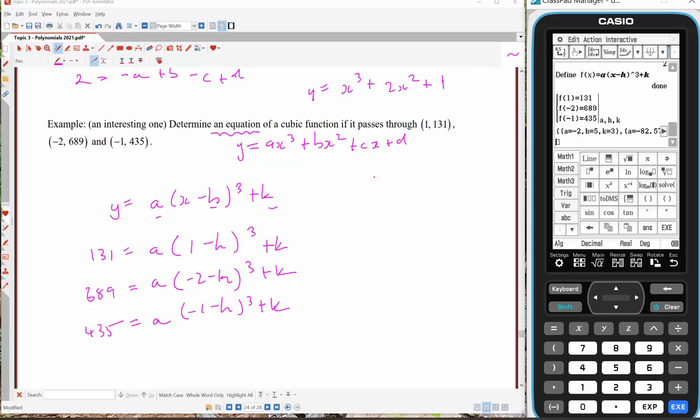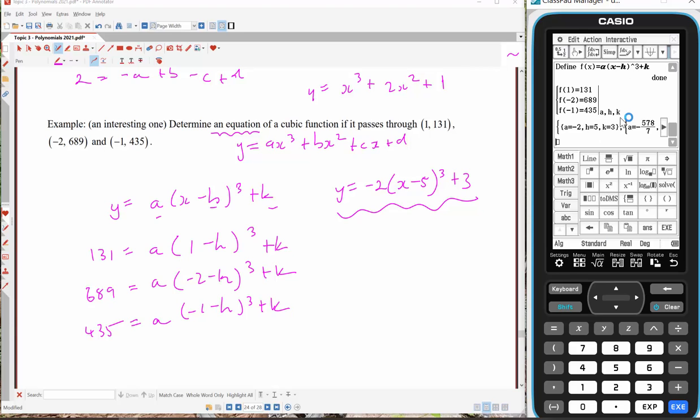So an equation will give us y equals negative 2 x take 5 all cubed plus 3. So that's one possible cubic function that goes through those points there. There's another one with these ones here. Let's go to standard and get it. So it's not as pretty, but it works.